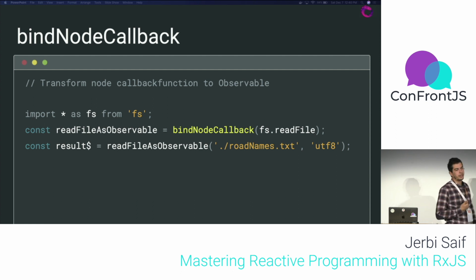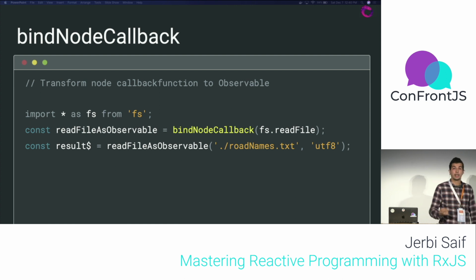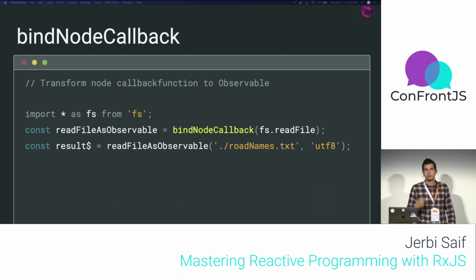There is another operator that I like to use. It's bindNodeCallback. In order to transform my code into reactive code with Node.js, and to use RxJS everywhere in my code, the official API of Node provides some libraries, some utilities like FS, and these libraries provide callback functions, and some others provide promises.